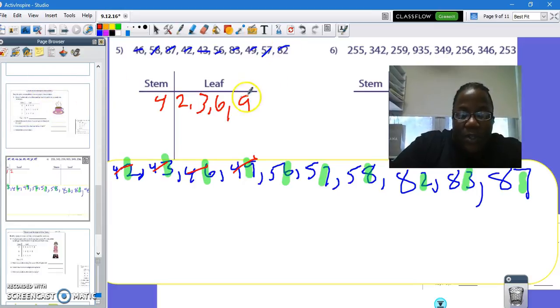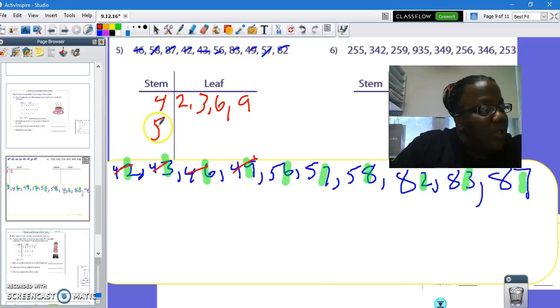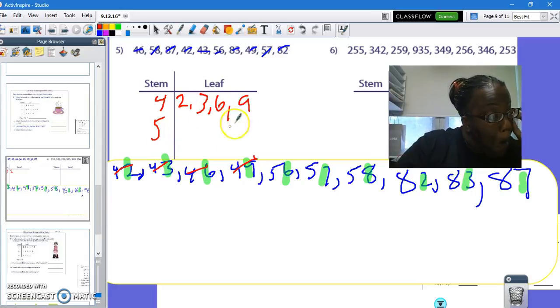So now we are going to do 5s. I have a stem of 5. Oh, I'm going to get way bigger than I need to here. Okay. Excuse me, guys, I forgot where I was. Number 5 had a 46 on it.